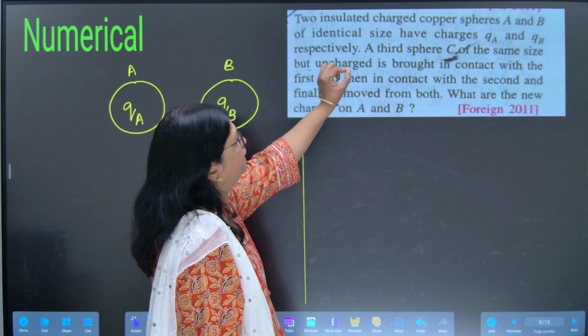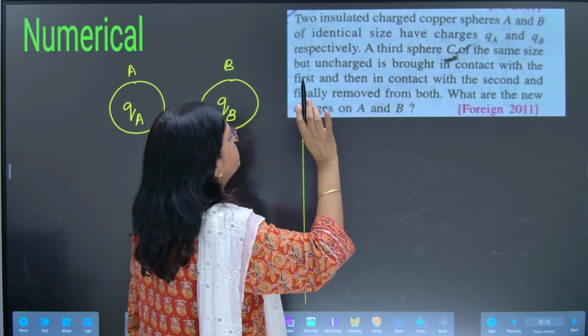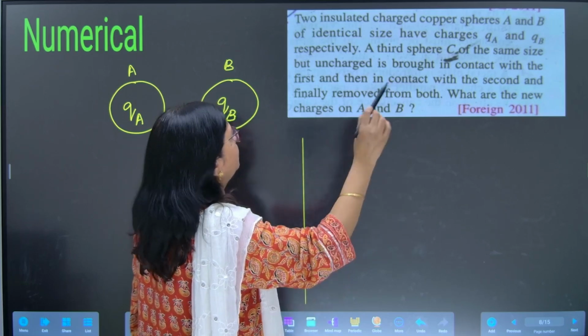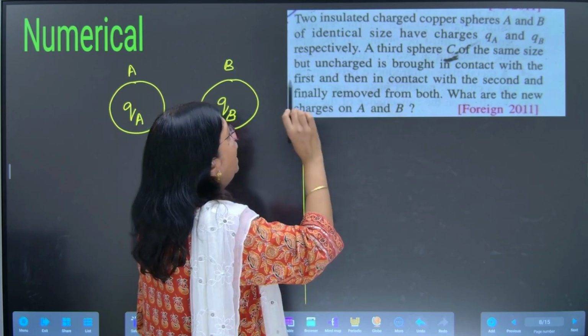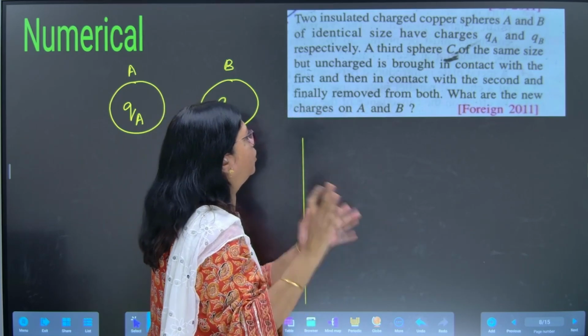Now let us read the next sentence. A third sphere C of the same size, meaning identical but uncharged, is brought in contact with the first, then in contact with the second, and finally removed from both.